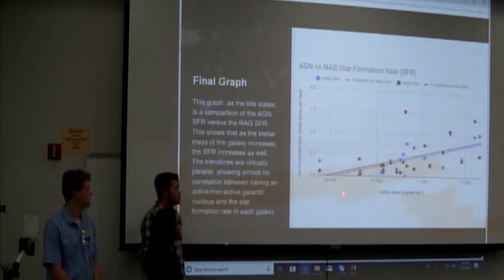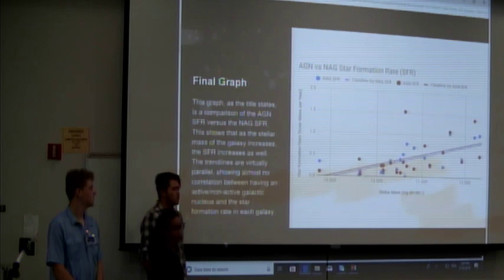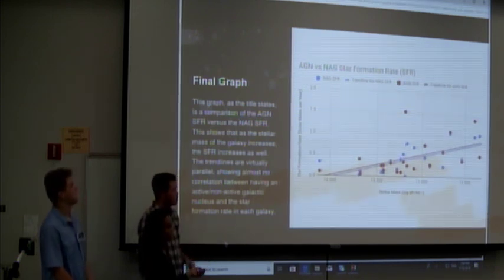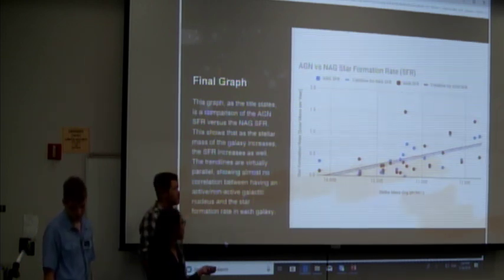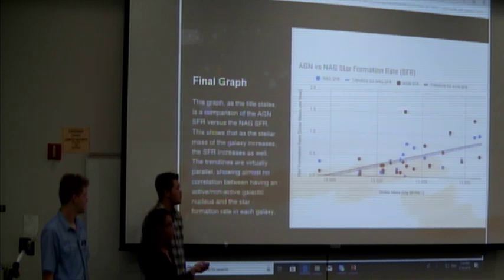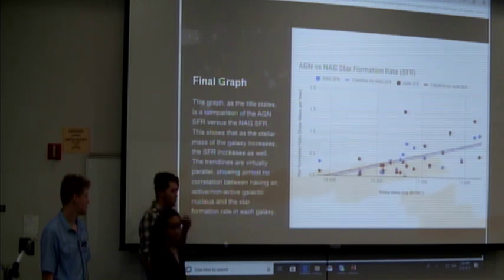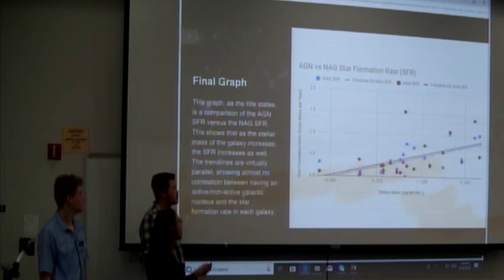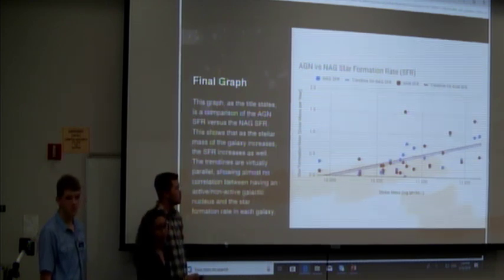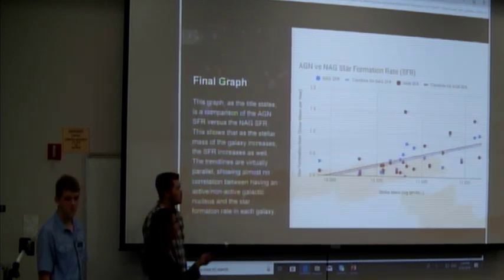The trend lines for the two are very close to each other. This means that there is no obvious correlation between having an active or non-active galaxy nucleus and the star formation rate. On the x-axis is the stellar mass of the galaxy, and the y-axis is the star formation rate, in solar masses per year.